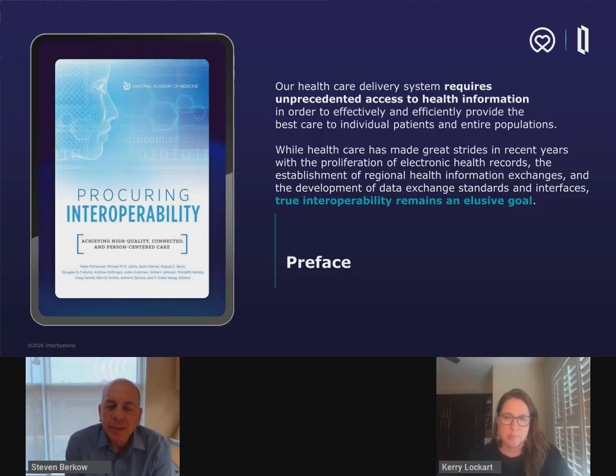Our healthcare delivery system requires unprecedented access to health information in order to effectively and efficiently provide the best care to individual patients and entire populations. But dropping down to the bottom, true interoperability remains an elusive goal.